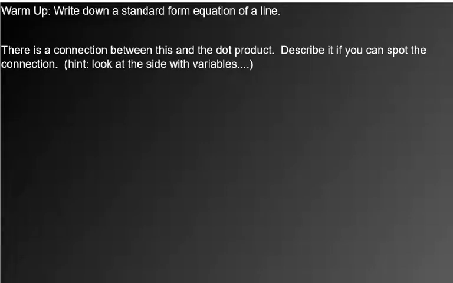So if you take a line in standard form, maybe 2x plus y equals 0. This is something you're more used to from like algebra 1 even, but I'm going to show you first how to take something like this and decompose it in the vein of the dot product.